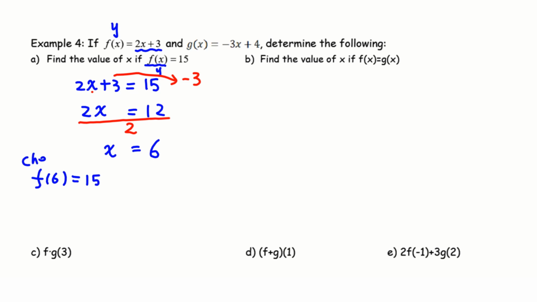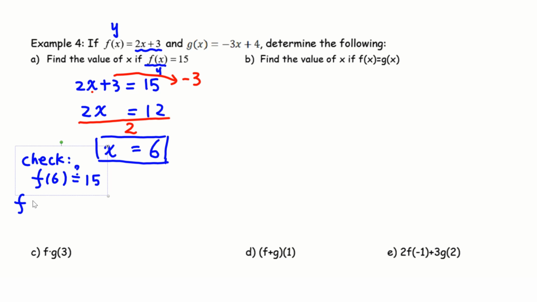So now we want to check if it's true. So we sub in 6. For this question, x equals 6 is your solution. You don't have to go further, but you could always check if it's true. So is f at 6 equal to 15 or not?